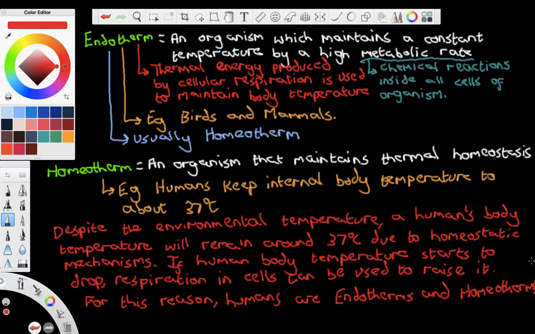For example, humans keep their body temperature at about 37 degrees Celsius using negative feedback. Despite the environmental temperature, a human's body temperature will remain around 37 degrees Celsius due to homeostatic mechanisms. If human body temperature starts to drop, respiration in cells can be used to raise it. For that reason, humans are classed as endotherms and homeotherms.